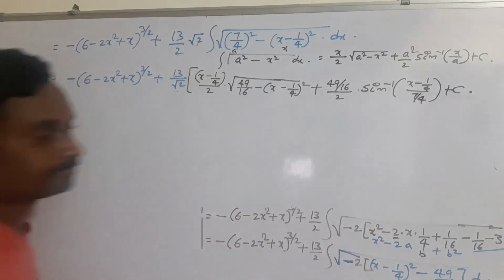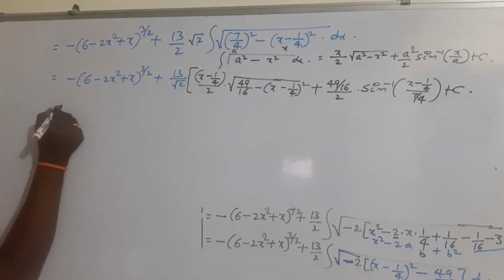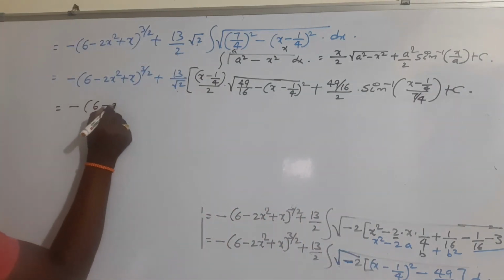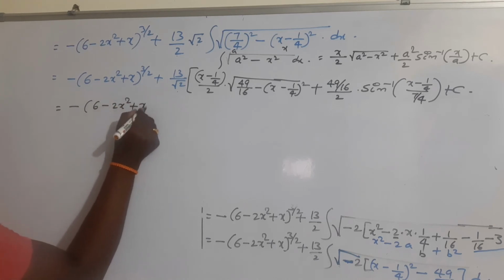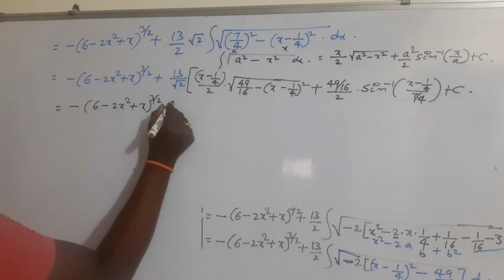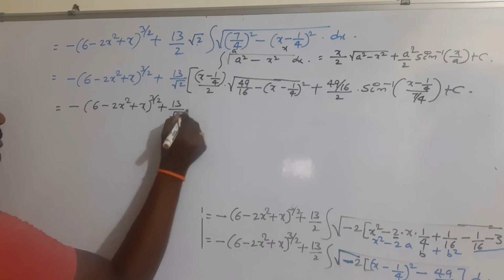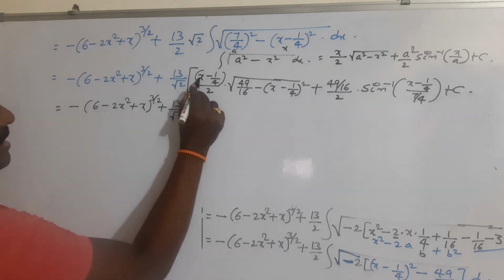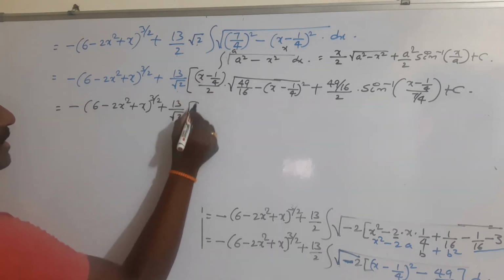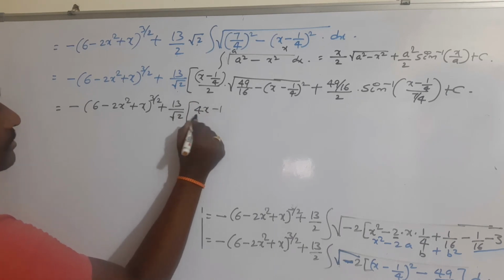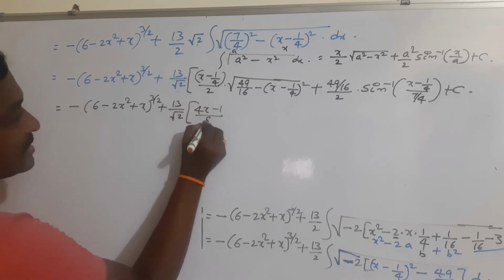Plus, okay, minus of (6 minus 2x square plus x) whole power 3 by 2 plus 13 by root 2 of, take the LCM here, which is 4x minus 1, 4x minus 1 by 4, 2 4s are 8.